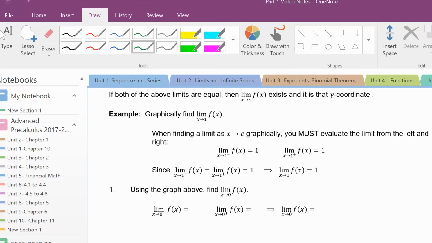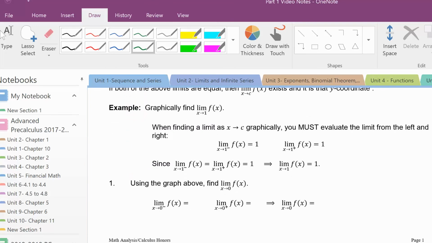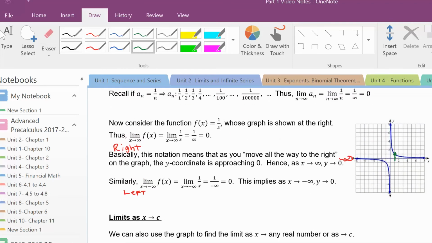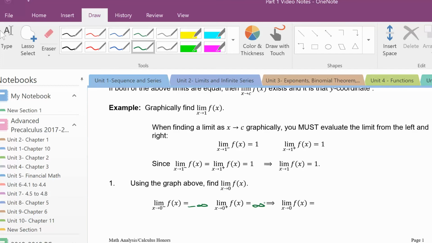If we look at 0, from the left, here's x equals 0. From the left, it's going down towards negative infinity. And as it approaches from the right, it's going up towards positive infinity. So therefore, since both limits are infinite, the limit as x approaches 0 does not exist.